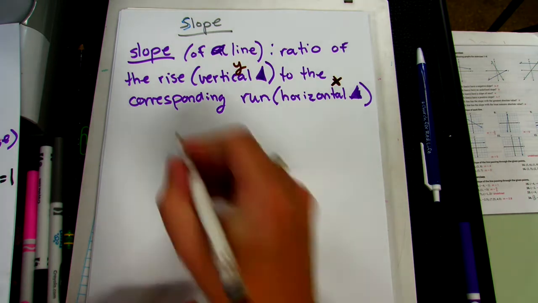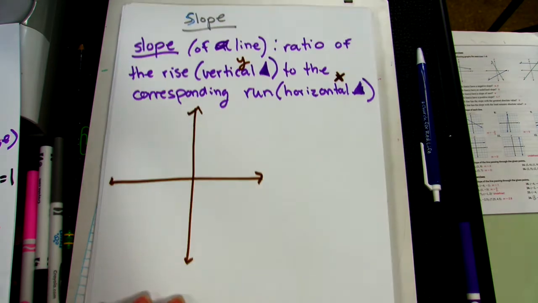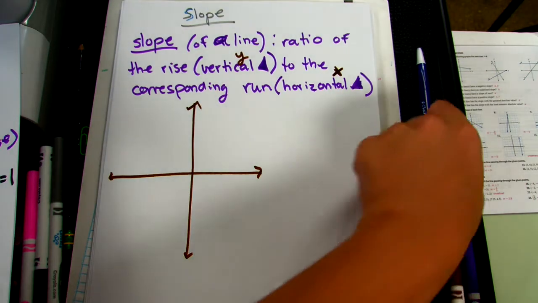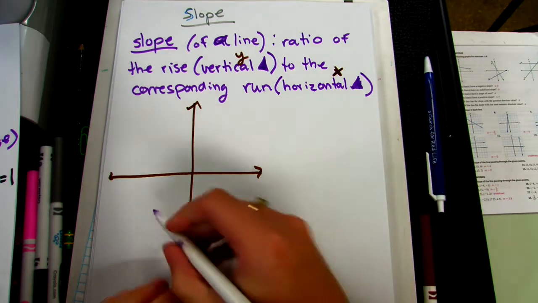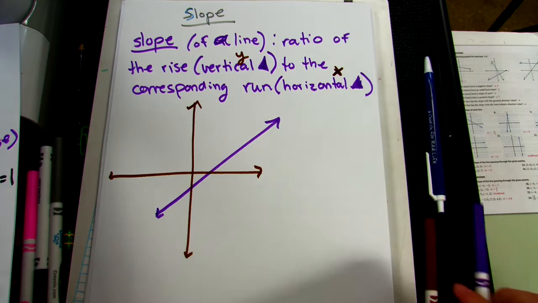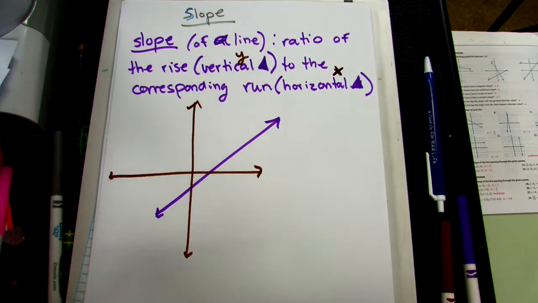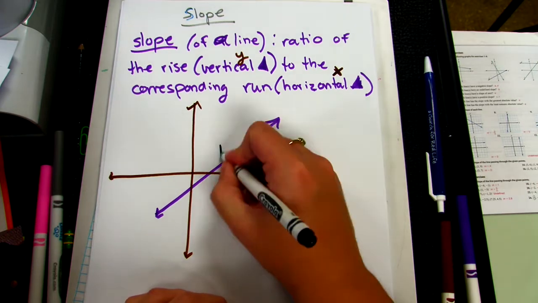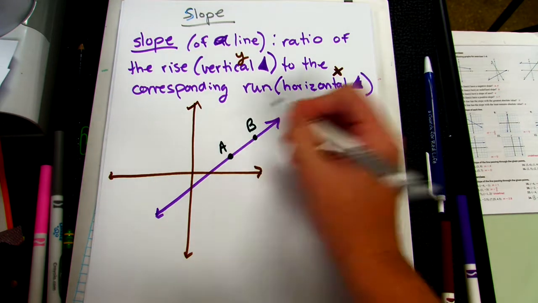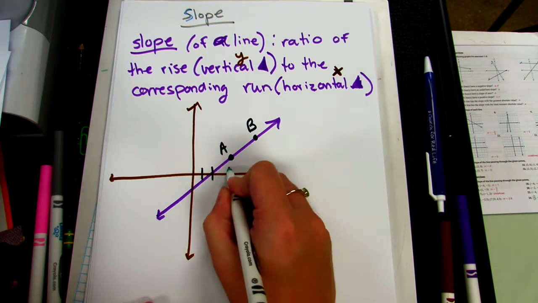All right, so how does this work for us? Well, let's look at the coordinate plane, and I'm just going to draw a quick sketch of a graph here. I'm going to put 2 points on this graph, point A and point B. Let me go ahead and draw my unit so you can see.